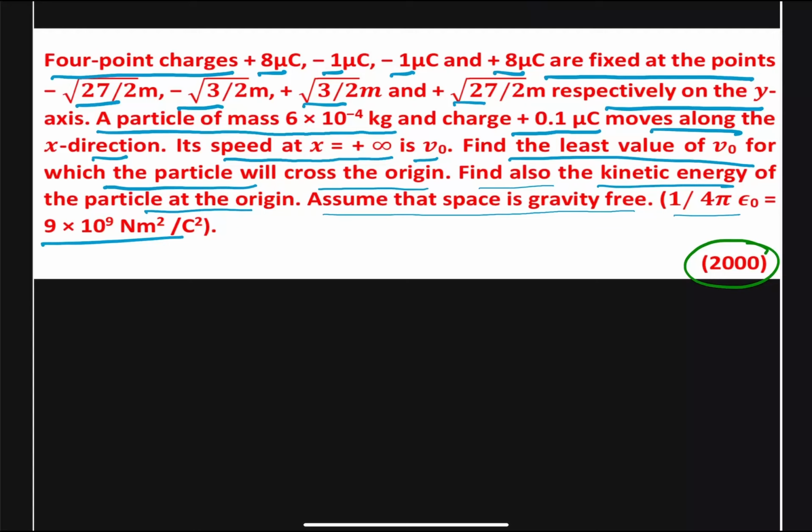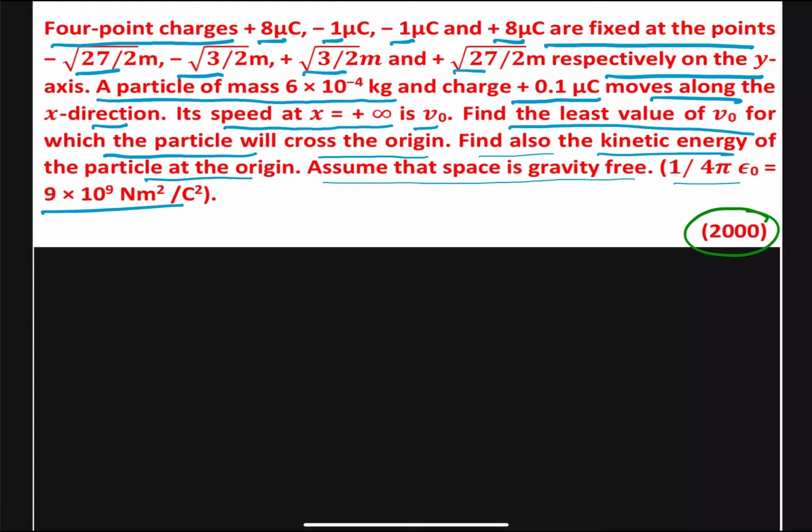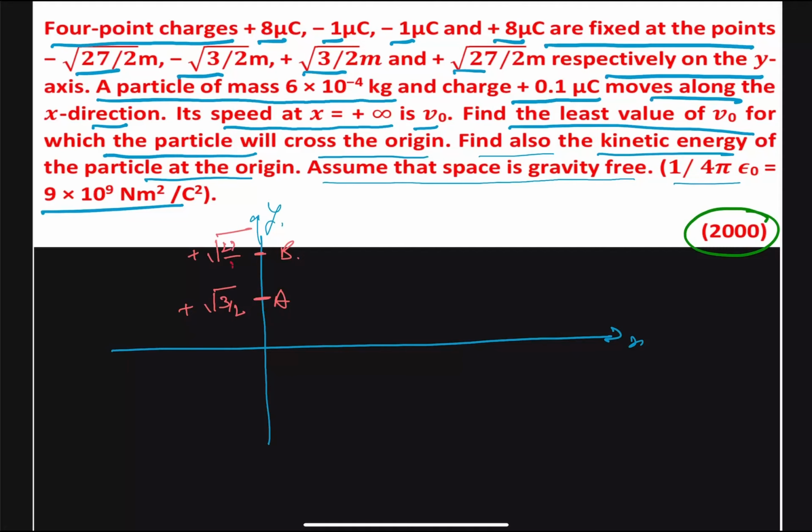So we are given the charges, and these charges are placed on the y-axis. So we can just draw an approximate diagram. This is our x-axis and this is our y-axis, and the placement is symmetric. Let us suppose this is our A, this point is our B. So this is plus square root of 3 by 2, and this will be plus square root of 27 divided by 2.